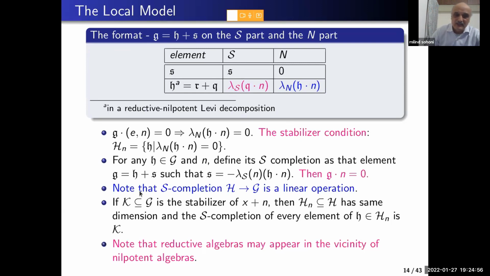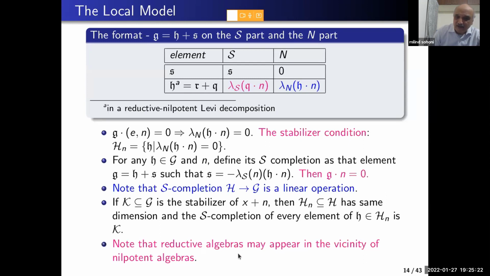So given the point y and stabilizer k, there is a linear subspace Hn of the Lie algebra of H, whose S completion in the above sense gives me K. This tells you how to actually compute the stabilizers in the vicinity.